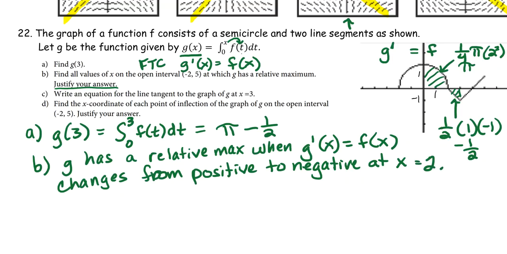So that's the only place on the graph where the function f, or g prime, changes from positive to negative.